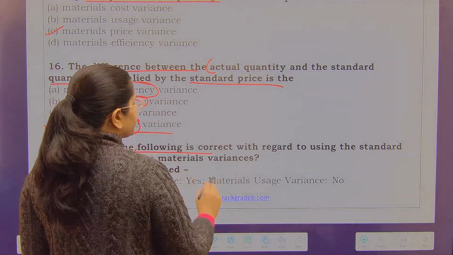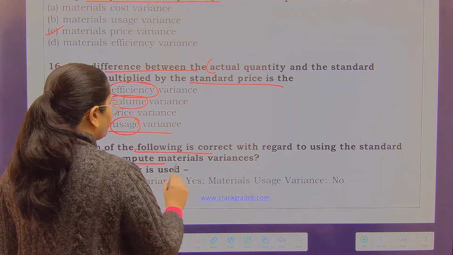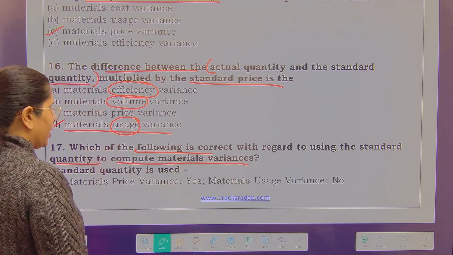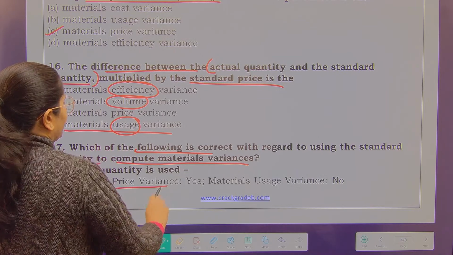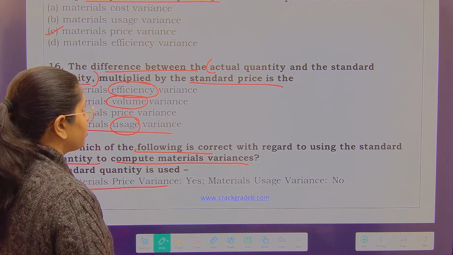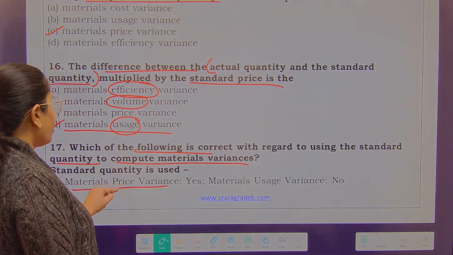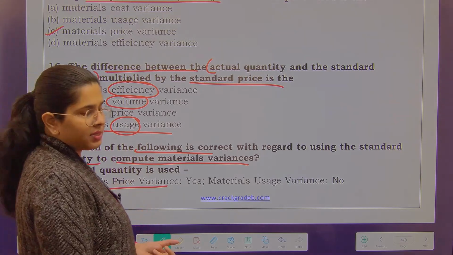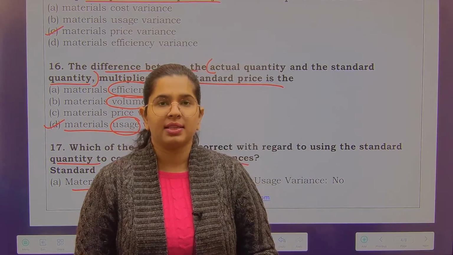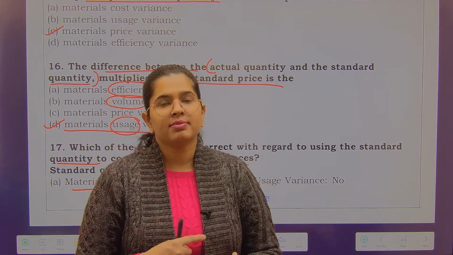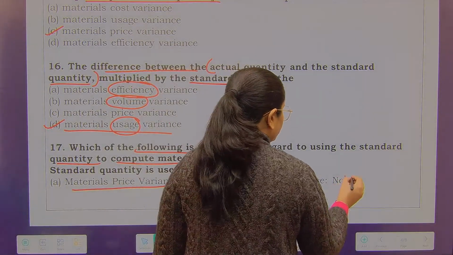Which of the following is correct with regard to using the standard quantity to compute material variances? Standard quantity is used: material price variance, yes; material usage variance, no. Is that the correct answer? We do not use standard quantity in material price variance because we use actual quantity in material price variance: actual price, standard price multiplied by the actual quantity. So the first option is wrong.